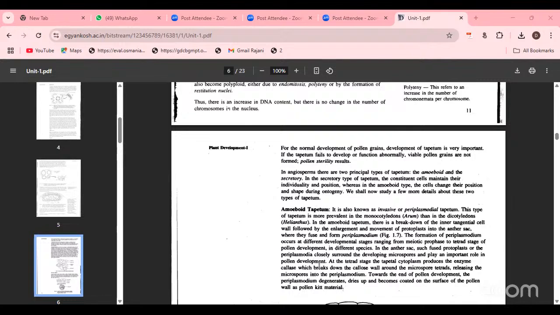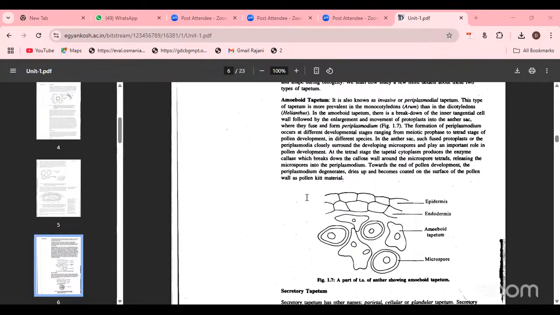Towards the end of pollen development, the periplasmodium degenerates, dries up, and becomes coated on the surface of the pollen wall as pollen kit material.